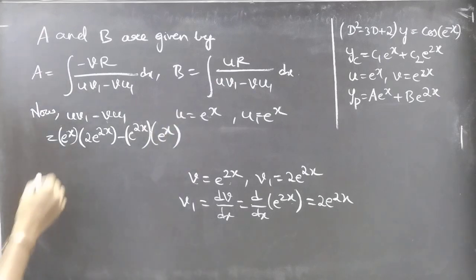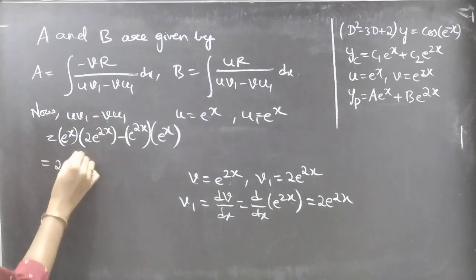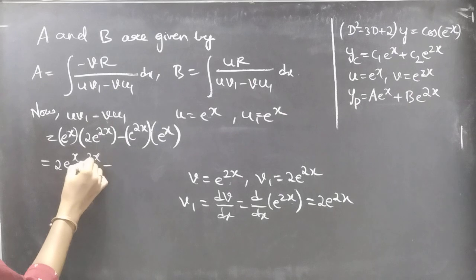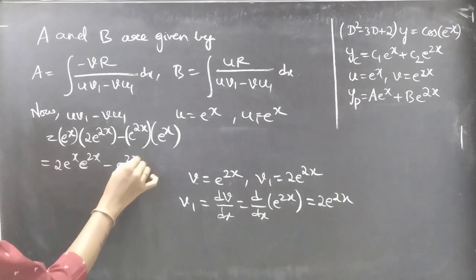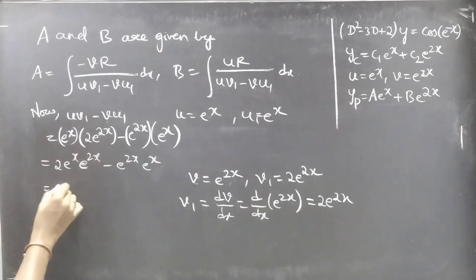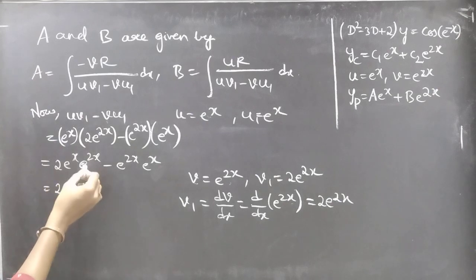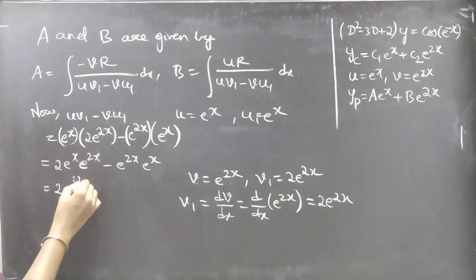u1 is e^x. This equals 2e^x times e^2x minus e^2x times e^x. e^x times e^2x is e^3x, right?